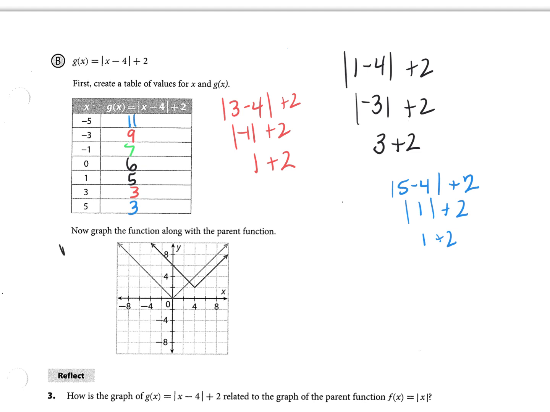This is the graph of f of x equals the absolute value of x, the parent function. And this one is the graph of g of x, absolute value of x minus 4 plus 2.